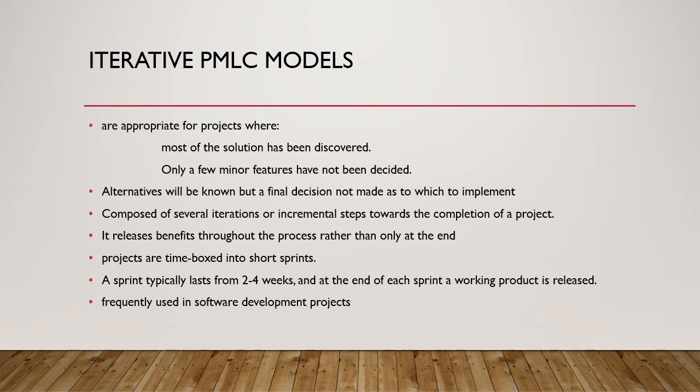You will have a working product at each iteration, so your money will be giving you benefits even before the whole project is completed. It's frequently used in software development projects. These adaptive or iterative models, the whole agile family, are for IT or software development projects.